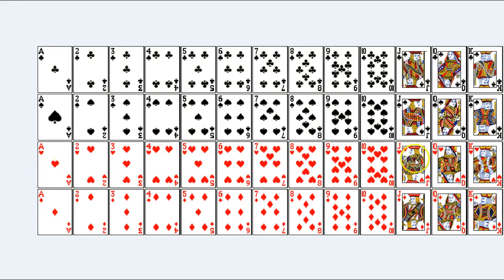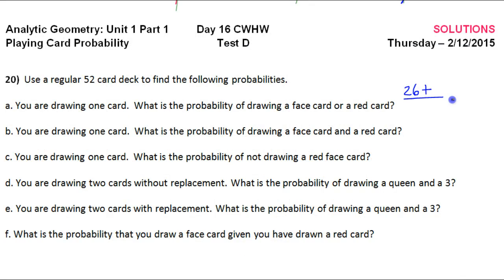Alright, so we already did the red cards, that's 26. So we just need to add on the rest of the face cards, the ones that we didn't already get when we did the 26. So we got all these red cards plus 6 other face cards that are not red. So that's key. 26 plus 6 more, the 6 black face cards.